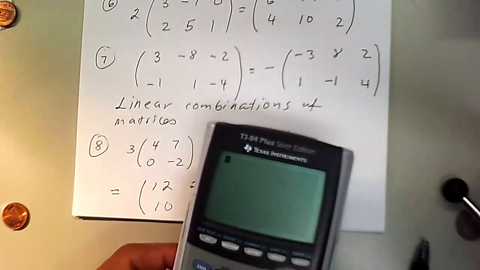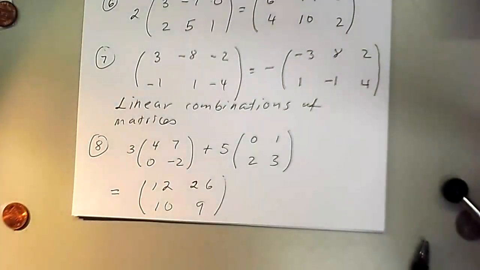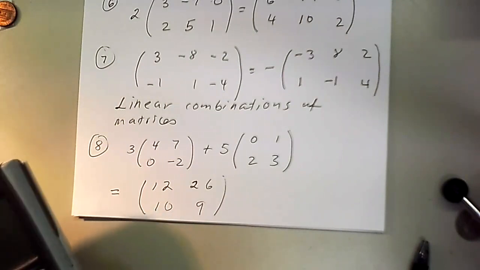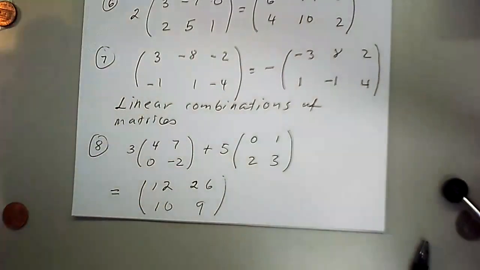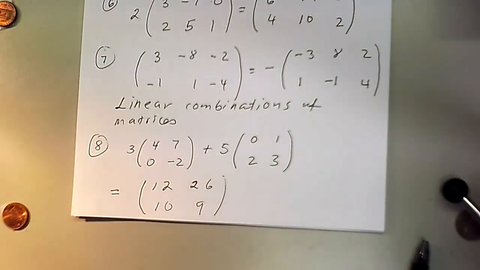And you can set matrices, and you can enter matrices in the calculator, and you can figure out linear combinations and other things with a calculator. But the matrices we're going to work on are small enough, 2 by 2, 3 by 3. And if we go into higher dimensions, such as 4 by 4 or 5 by 5, they shouldn't be too difficult to work on.